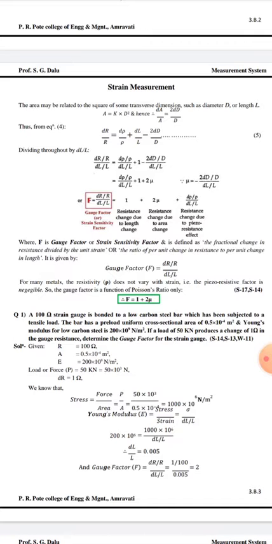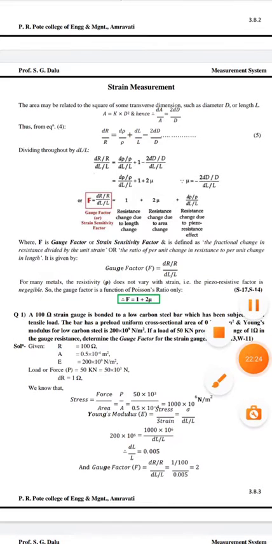So Young's modulus is 200 into 10 to the power 9 equal to 1000 into 10 to the power 6, the stress we just calculated. So we will get dL upon L, that is longitudinal strain, equal to 0.005.